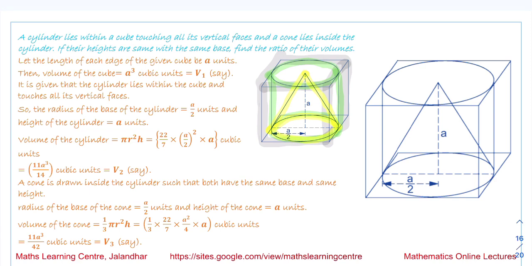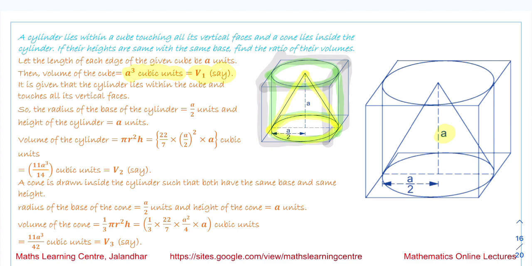So suppose the edge of the cube is A, so the volume of this cube will be A cube cubic units, and suppose this is the volume V1.